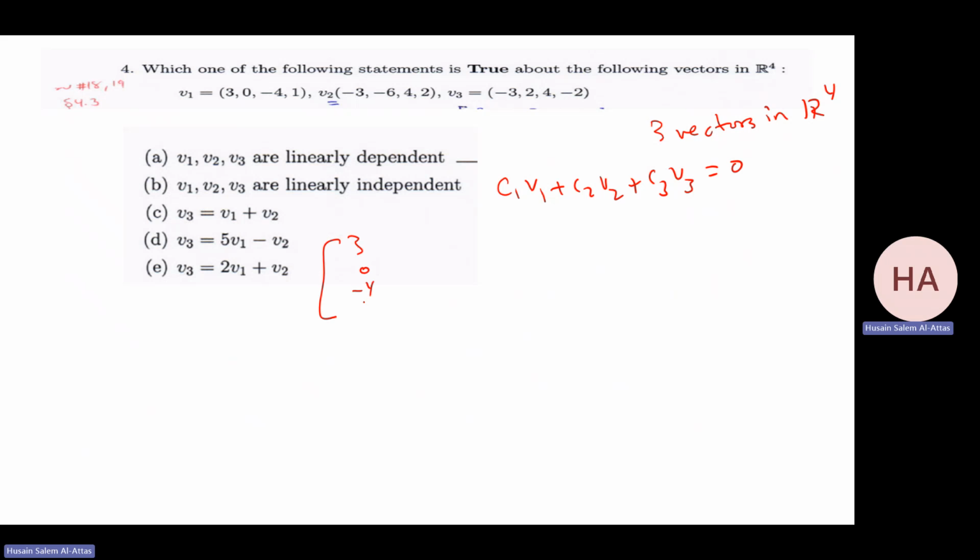3, 0, -4, 1, -3, -6, 4, 2, -3, 2, 4, -2, 0, 0, 0, 0. Okay, how to solve the system? I can interchange this one.